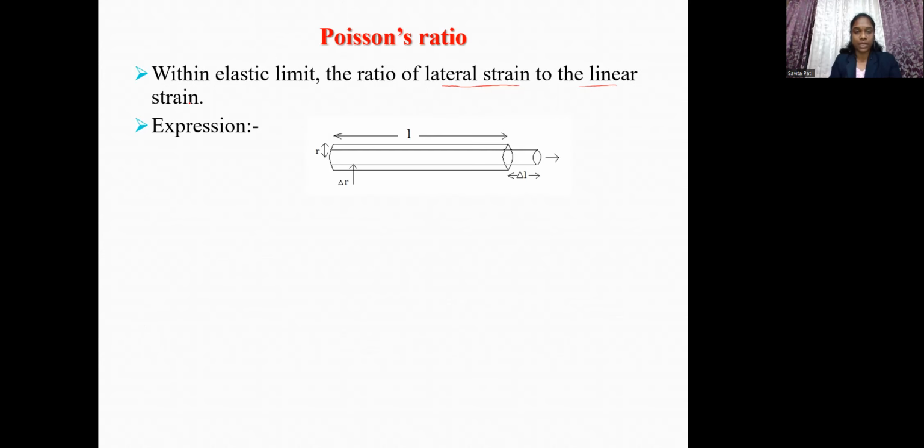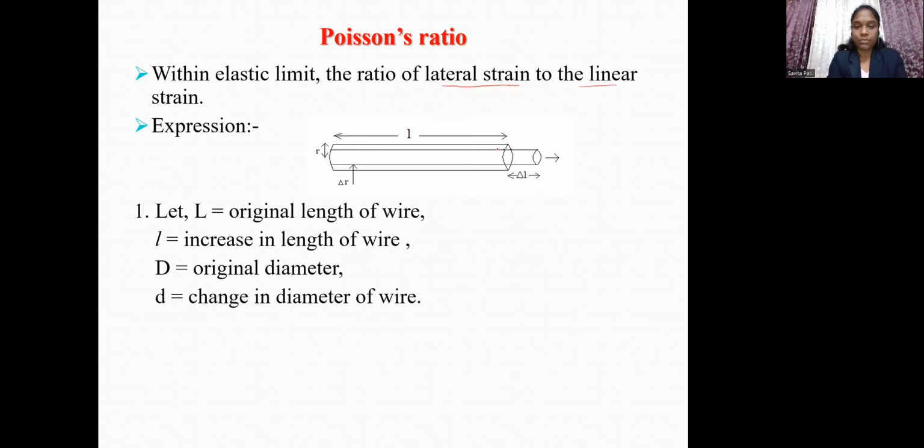Now, in this figure, this is a wire. One end of the wire is fixed to a rigid support. Let capital L be the original length of the wire. Now, this is the free end of the wire, and at this free end, a force or load F is applied.